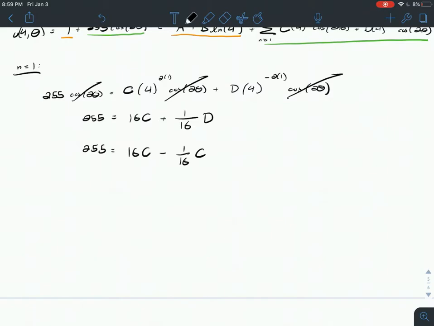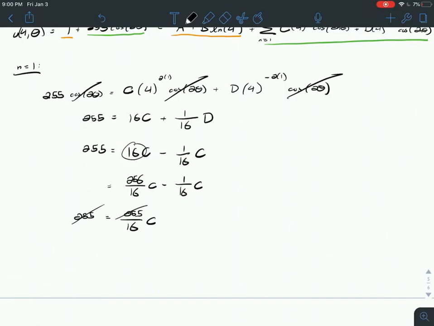So now we have to figure out how to isolate c here. This is just algebra 101 at this point. Let's convert this fraction to 16 squared, which is 256. And if we subtract 250 there, we get that.